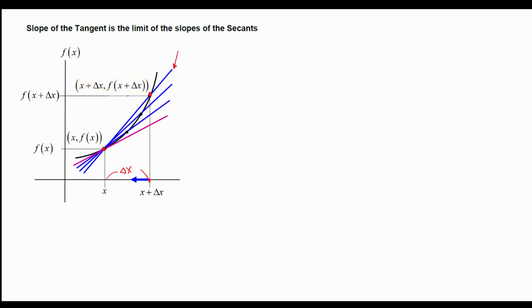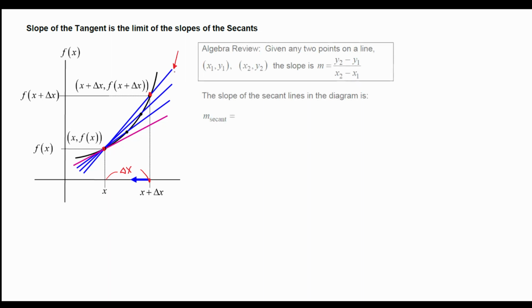Then we can actually calculate the slope of this secant line using the slope formula. And the slope formula was rise over run. Rise is the y direction, which is y2 minus y1, over run is the x direction, which is x2 minus x1. So our slope, as calculated in algebra class, is y2 minus y1 over x2 minus x1.